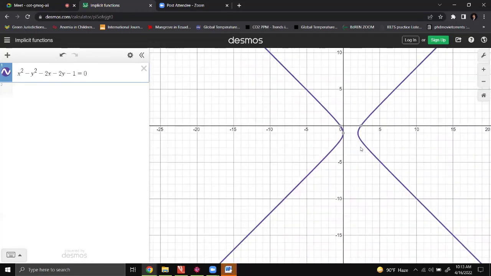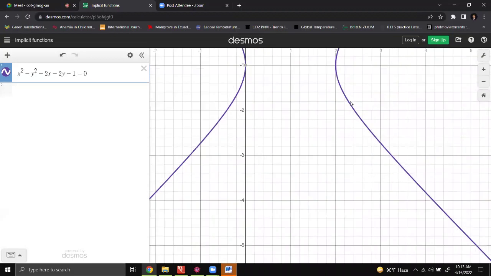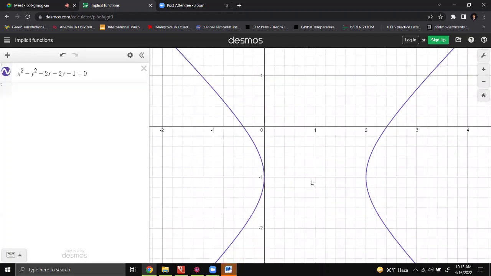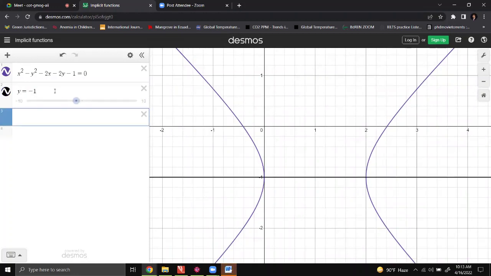So this is the hyperbola. We have the first branch, we have the second branch, and the vertices are (0, -1) and (2, -1). So automatically the center will be here, and this line will be the transverse axis. That means y equals minus 1 will be the transverse axis.